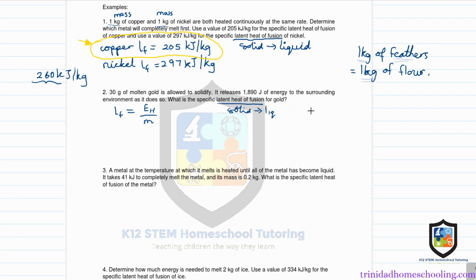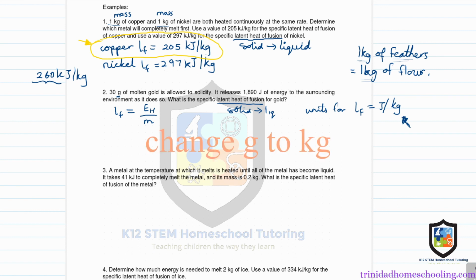On page 7, we also said the units is joules per kilogram, okay, which means we're dividing the heat energy by kilogram. Now, this kilogram is important here. It means that we cannot, in our calculation, use grams. We must use kilograms.